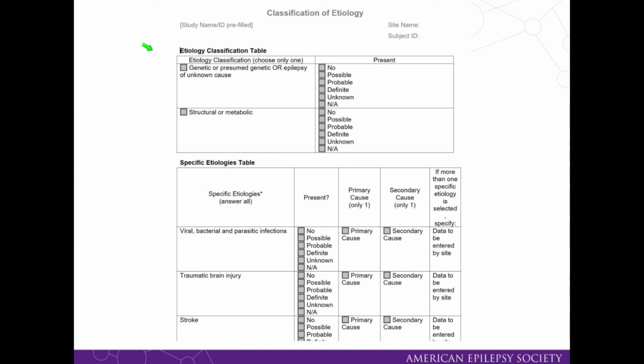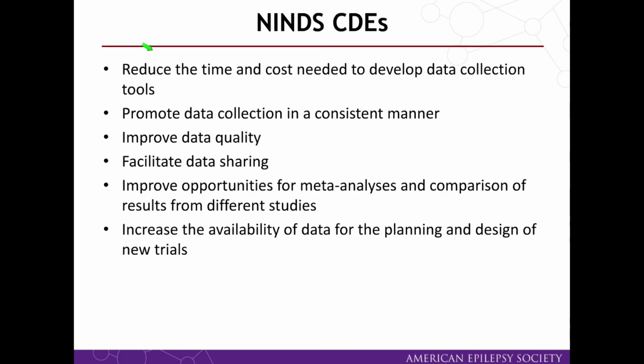And there are also data definition tables that can be imported into databases for electronic data capture. And these include both standard disease information as well as suggested outcome measurements, for example, quality of life and seizure frequency and other variables.